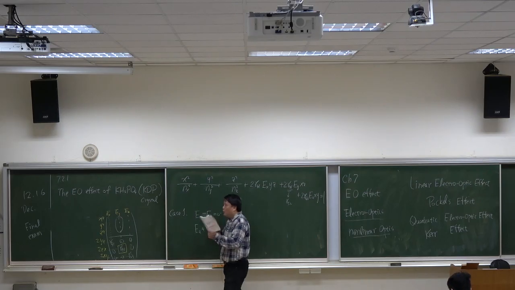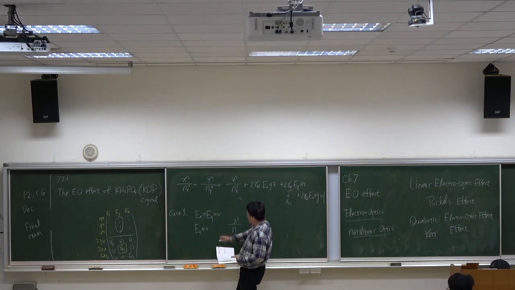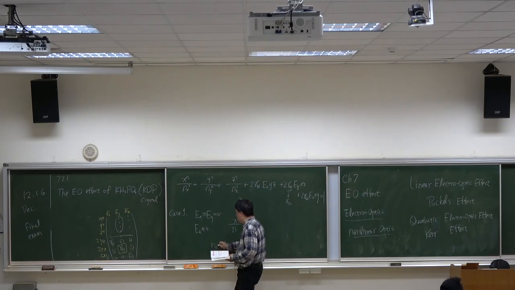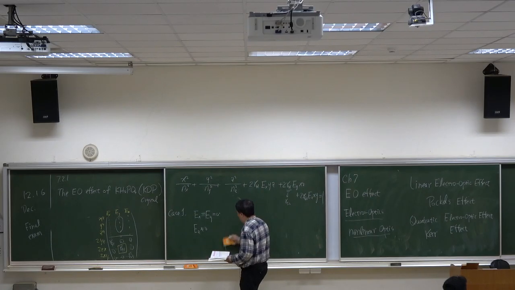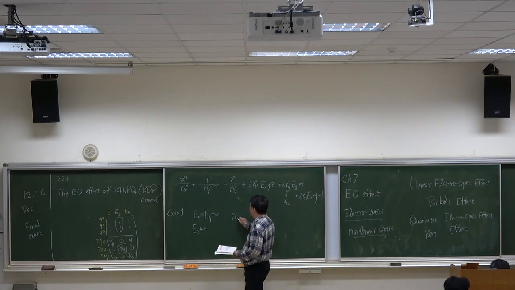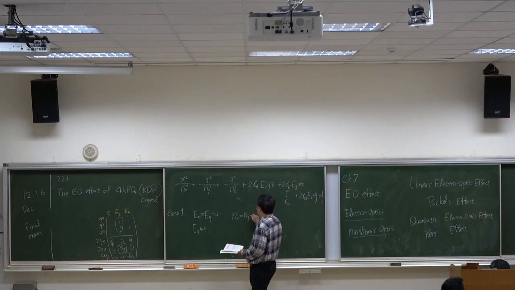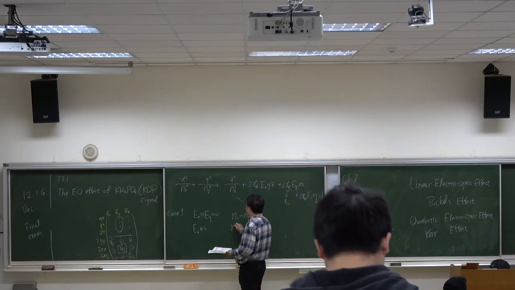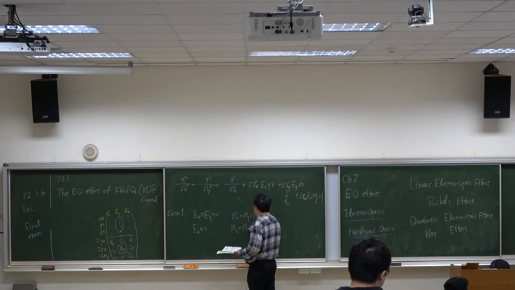For this uniaxial crystal, we have nx equal to ny equal to no, and nz equal to ne.